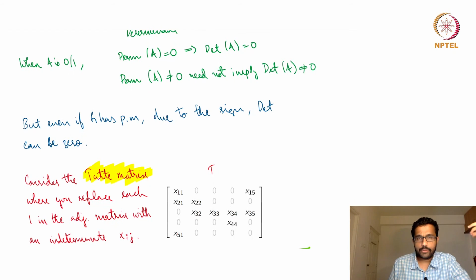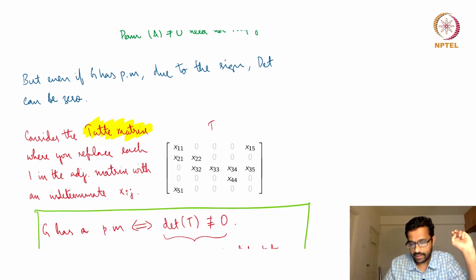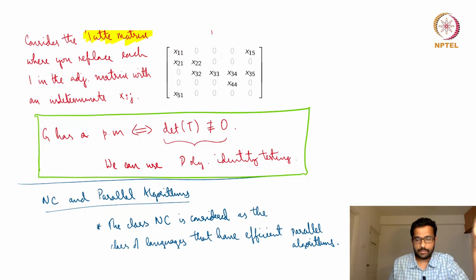So instead of checking whether the determinant is 0 or not, we check the determinant of the Tutte matrix, where each nonzero entry is replaced by a variable, and 0 remains 0. All we have to do is compute the determinant of this matrix, which will be a polynomial, and check whether it is identically 0 or not. We know that the graph has a perfect matching if and only if the determinant is non-zero. This equivalence is exact. There is no error here.